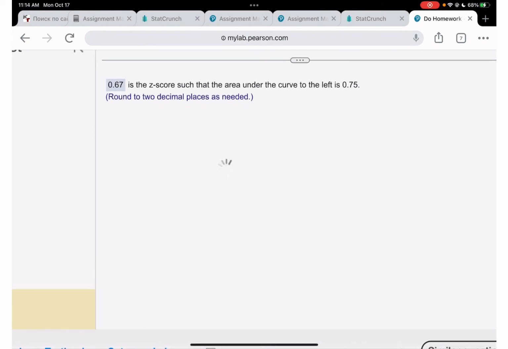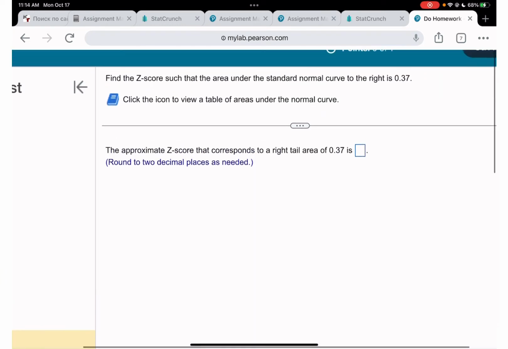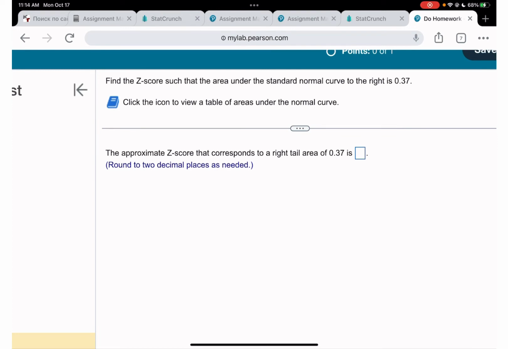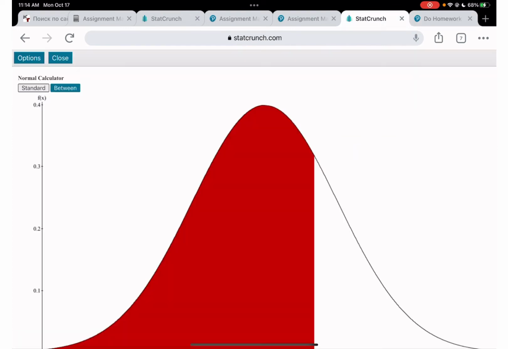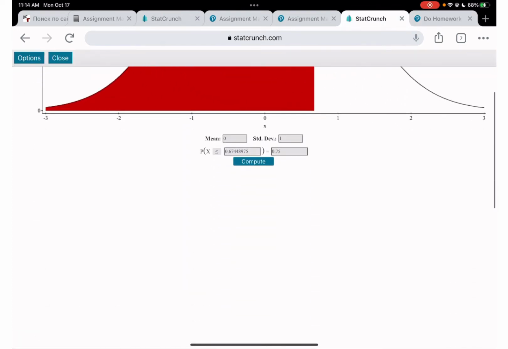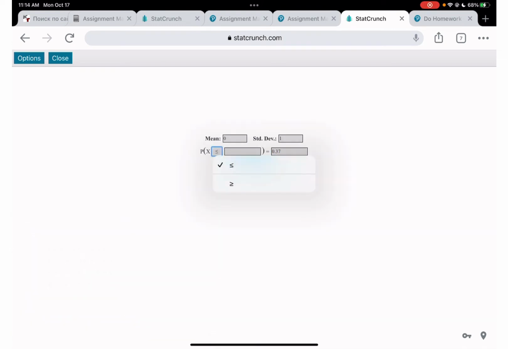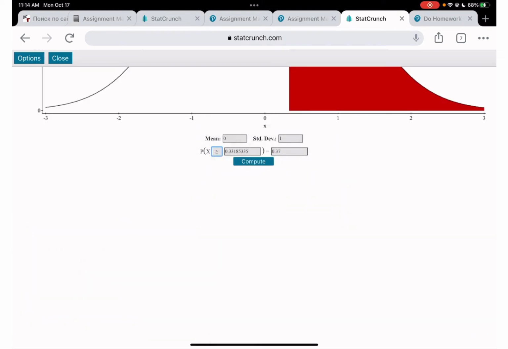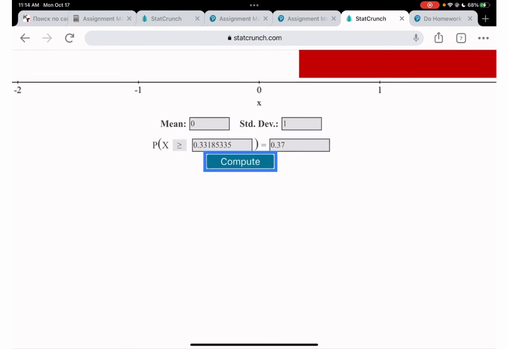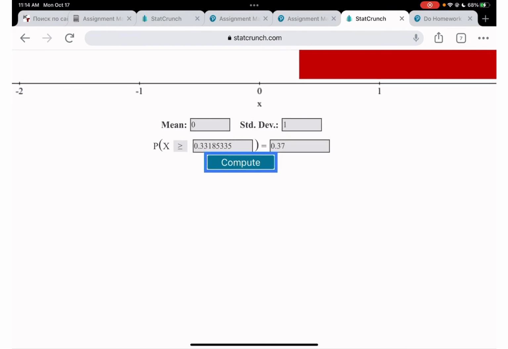Okay, we're good. All right, and next one, right tail area, 0.37, right tail, which means it's given probability 0.37 and right tail, which is going to be greater than, and we are getting 0.33.